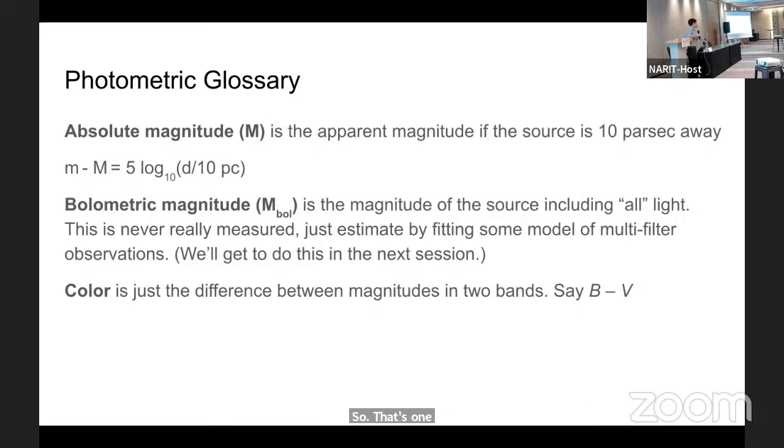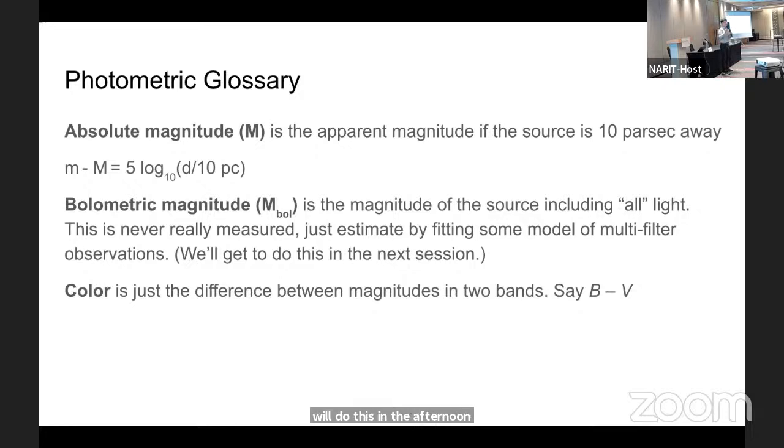Another number that we will talk about again this afternoon is bolometric magnitude. The real definition of bolometric magnitude is the magnitude that includes all light. So this would directly relate to the luminosity of your source. Now, of course, the problem is, as we talked about earlier, we never get to see all of the light coming out of the astronomical object. So usually we estimate this by assuming what the underlying distribution of energy looks like, and we will do this in the afternoon.